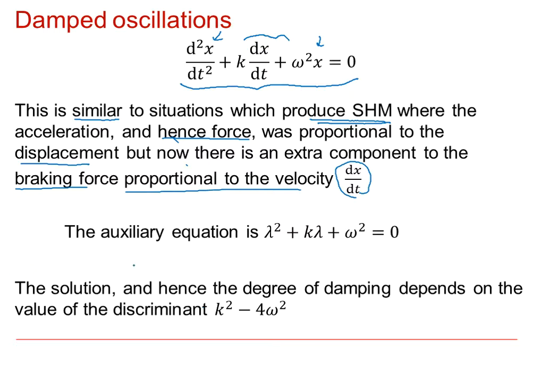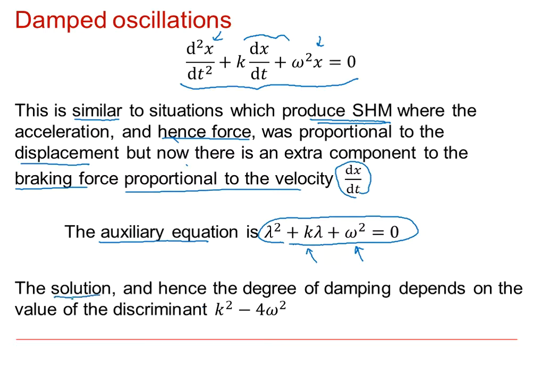So the second order differential equation has an auxiliary equation of the form lambda squared plus k lambda plus omega squared equals 0, where omega squared is the coefficient relating to the simple harmonic motion and k is the coefficient relating to the damping effect, or the braking effect.